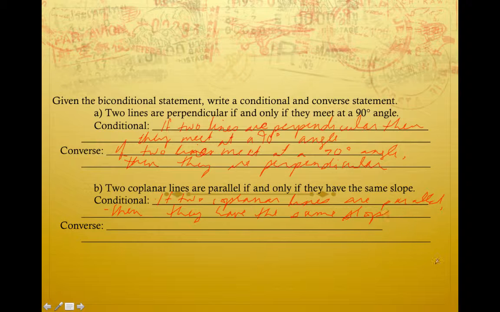I'm actually going to quit. I'm not going to write this last sentence just because of the strangeness. The converse would be if two coplanar lines have the same slope, then they are parallel.